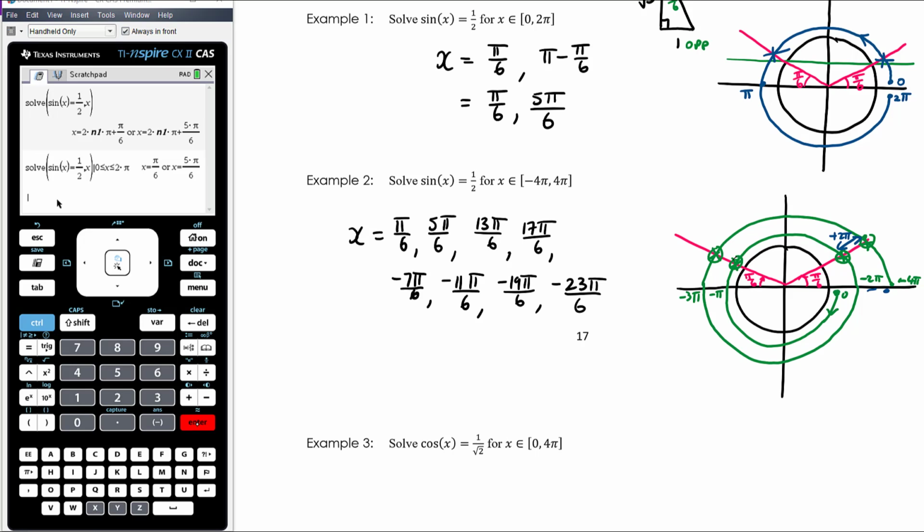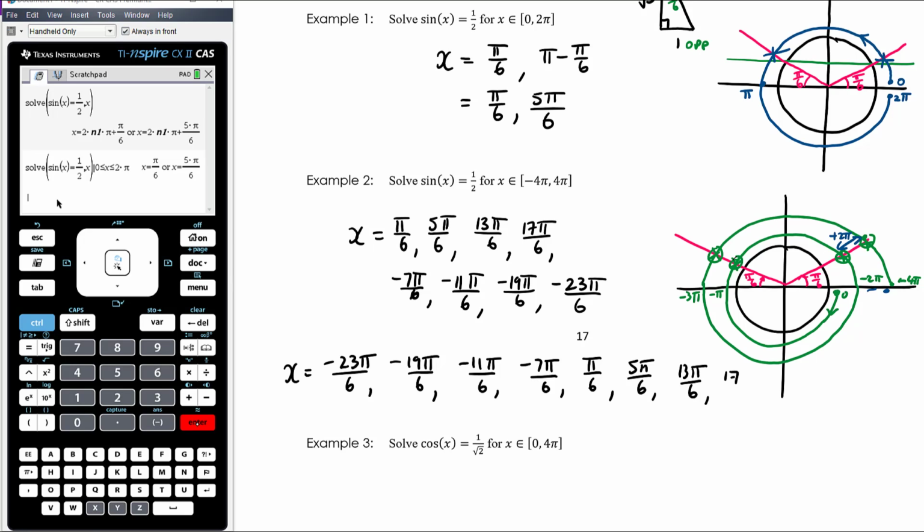So if I list them in order, we'll list them out just so I can make this point: minus 23 pi on 6, minus 19 pi on 6, minus 11 pi on 6, minus 7 pi on 6, pi on 6, 5 pi on 6, 13 pi on 6, and 17 pi on 6.